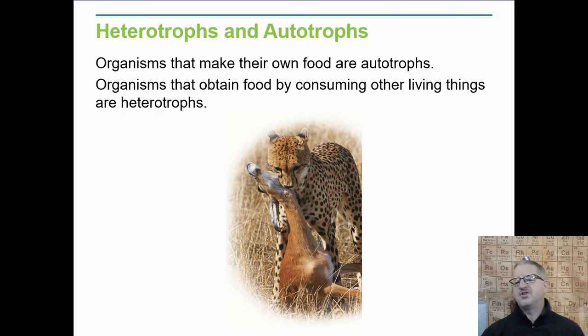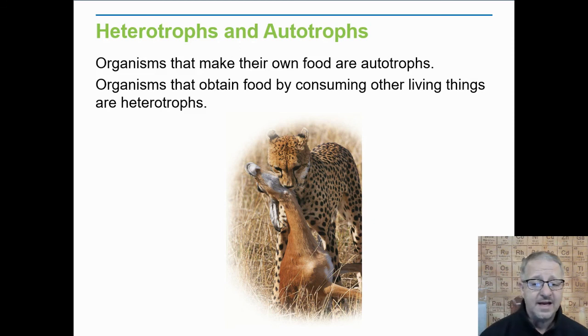So where does this image here on the screen come from? What does this have to do with what we're talking about here when it comes to photosynthesis and ATP? Well, here we have a lion. It looks like a jaguar. Yeah, I think it's a jaguar. It is chowing down on a deer, but that deer, what do deer eat? Well, they eat lots of grassy vegetation, and that grassy vegetation is all photosynthetic.